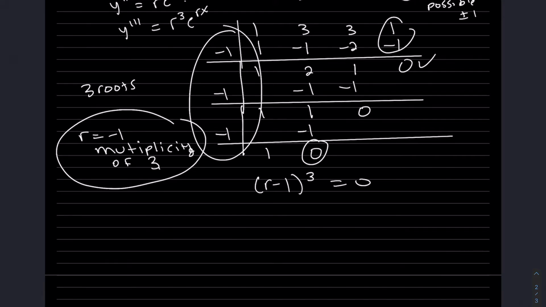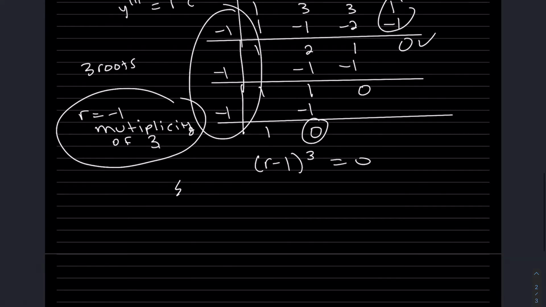Just so you can see it. So our fundamental set is e to the minus x is my first r, x e to the minus x is my second r, x squared e to the minus x, make it independent, is my third solution. General solution.